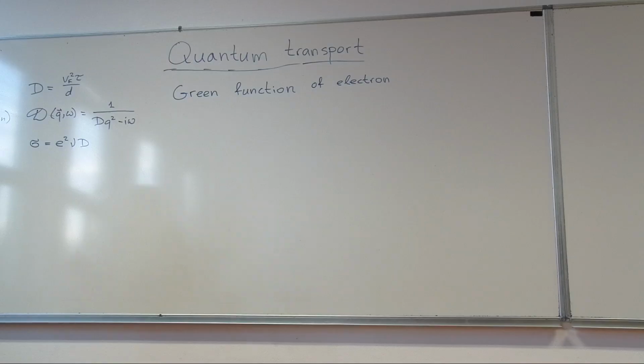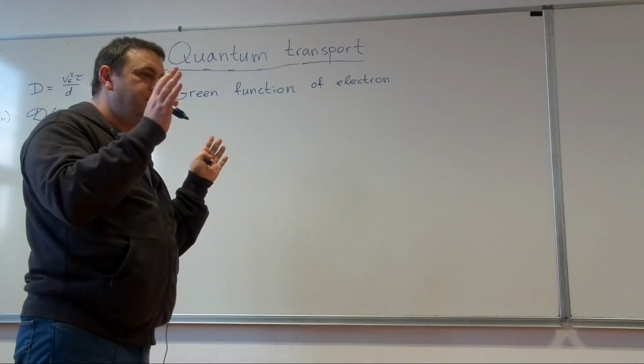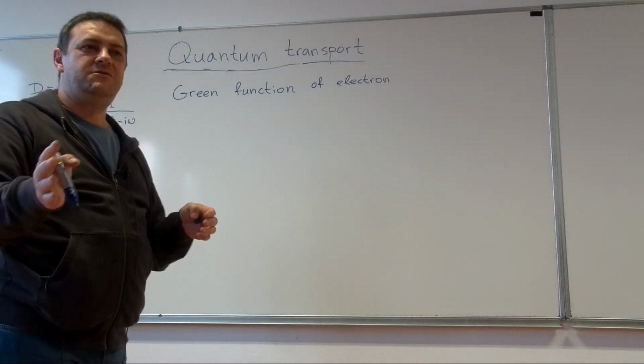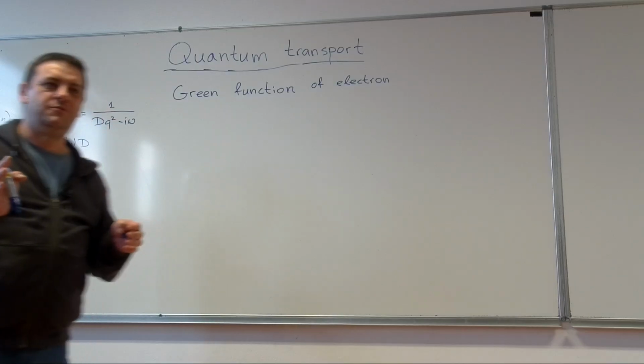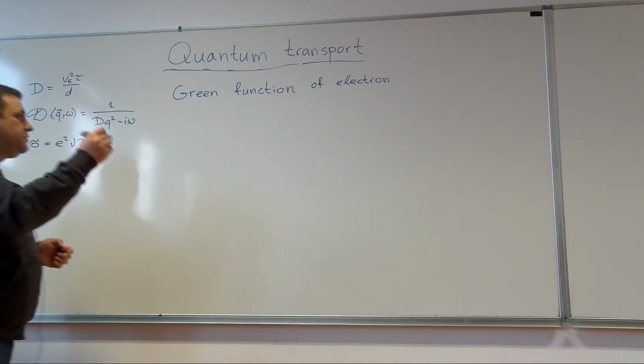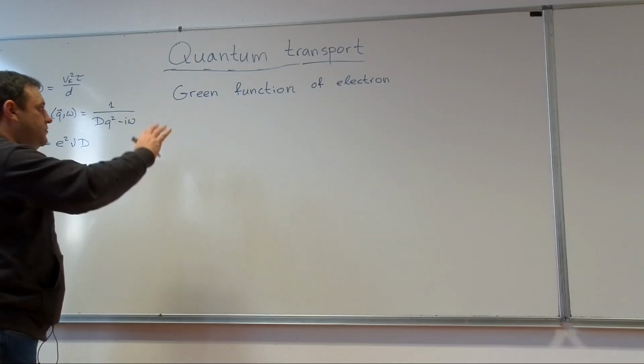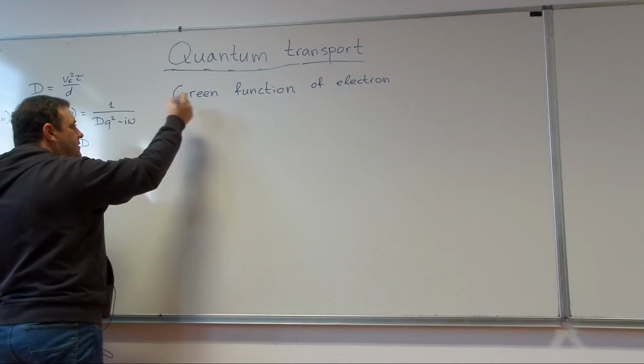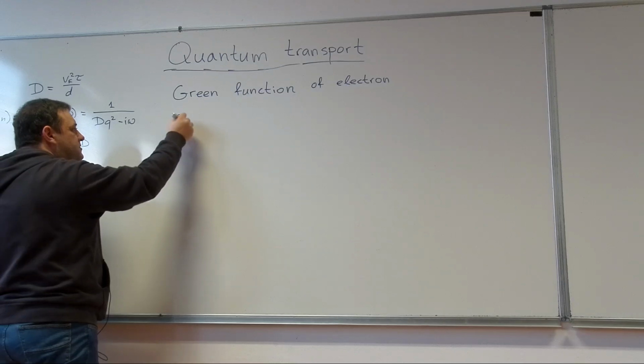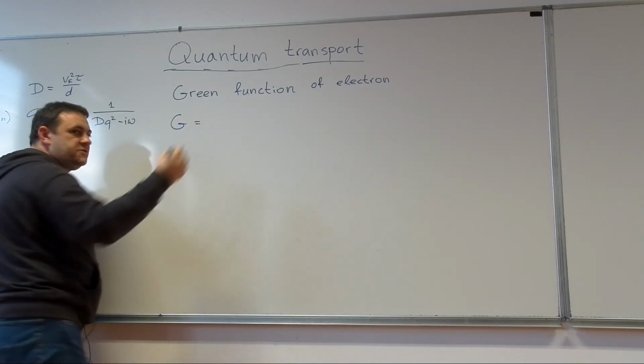That's a good point. The problem is that in almost any textbook there is a very general definition that applies immediately to many-body problems. We will not consider, at least for now, any many-body problems, so we define the Green function as an operator.